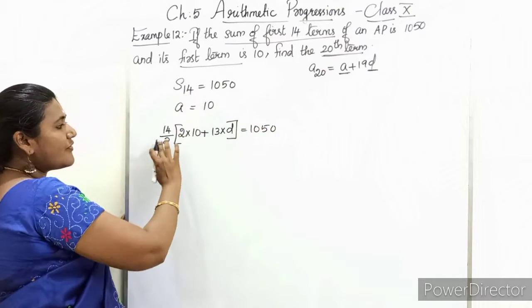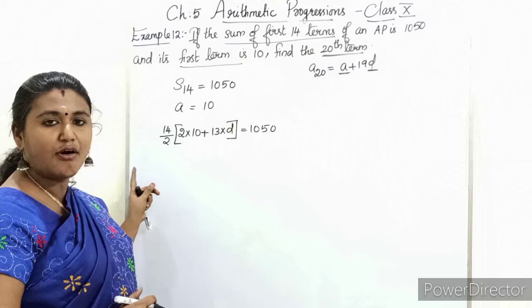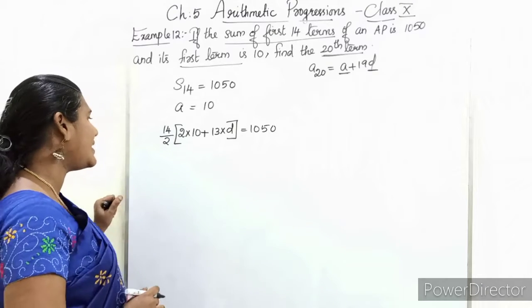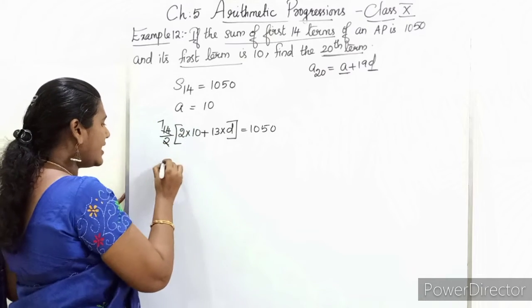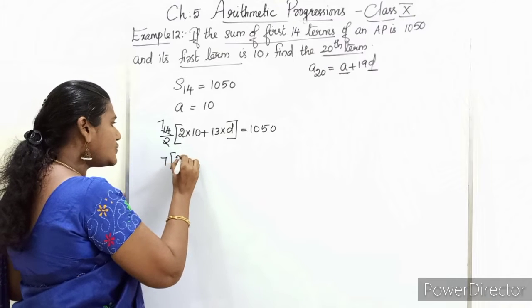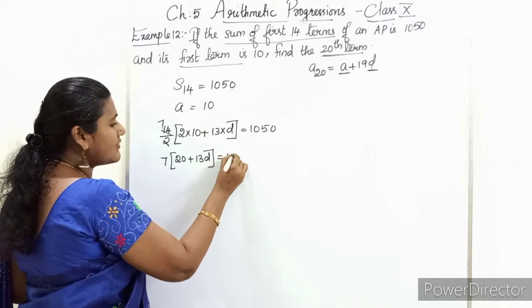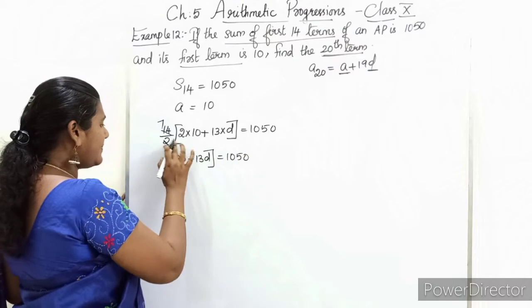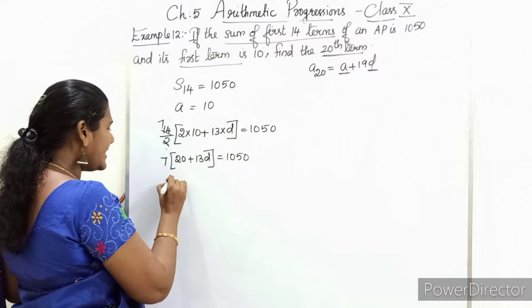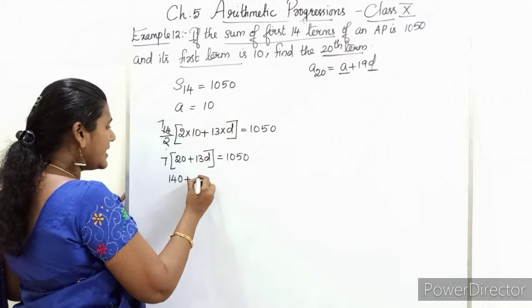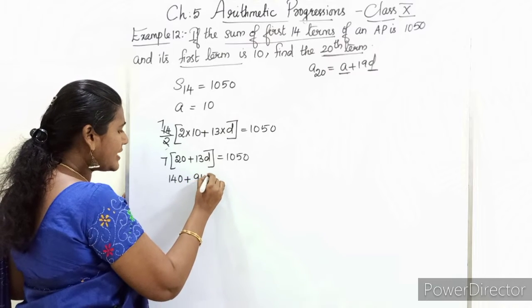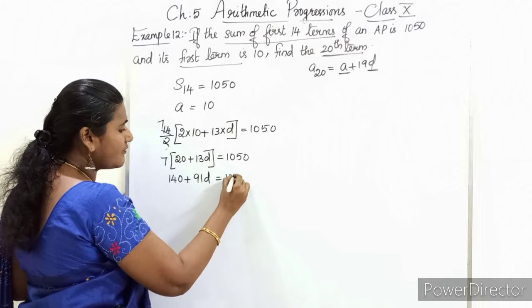So in the place of S14 we have written the formula and substituted the values. Now we will simplify. Here you will get 7 into 20 plus 13d is equal to 1050. Now we will multiply with the 7. So 140 plus 91d is equal to 1050.